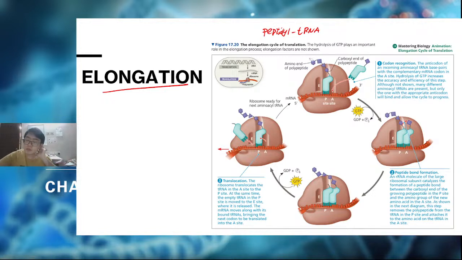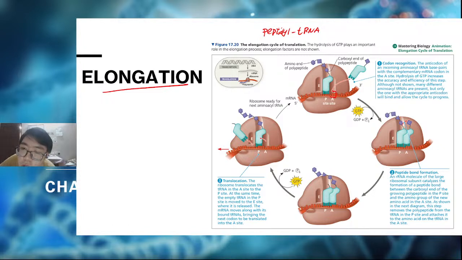So the first step is codon recognition. This means that the tRNA at the P site does not move. It just comes here. It does not move. Then the A site will have these 3 codons, right?